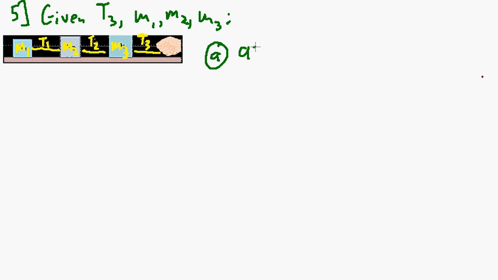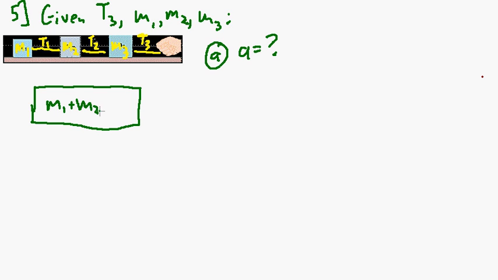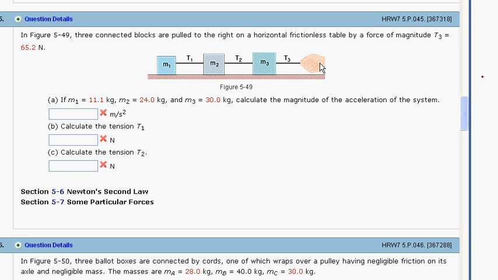A equals what? Okay, so instead of treating each one individually and doing free body diagrams, which you can do, I'm going to do this much more easily. These blocks I'm going to treat as one mass, with a total mass M1 plus M2 plus M3. And we're pulling these. Please tell me there's no friction. Yes, frictionless, thank you. Awesome, no friction.